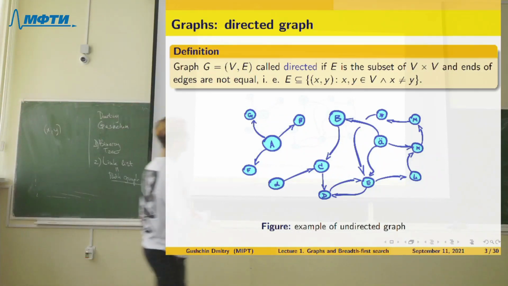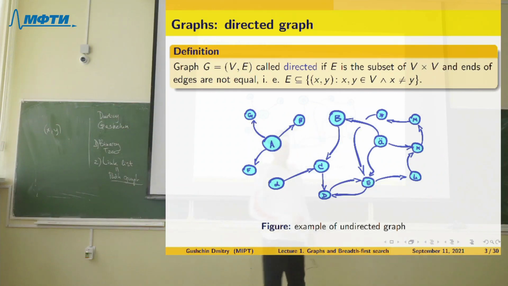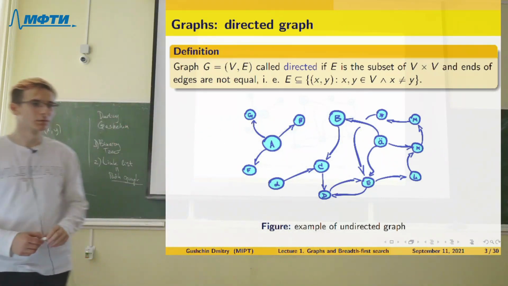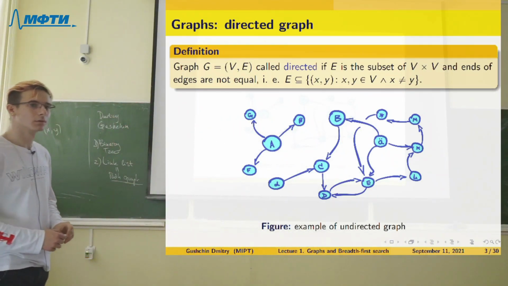Could you explain the condition that the ends of the edges are not equal?